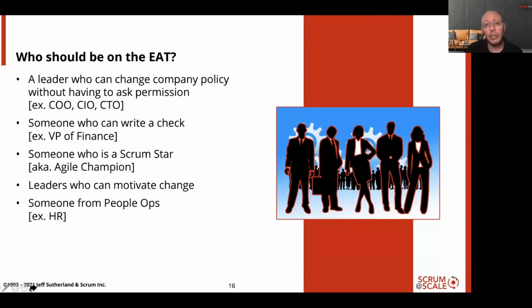You also probably need somebody from people operations, and that's what commonly we say in Agile land is human resources. And I don't like to use that term because I don't like to think of people as resources. People are people, and it's okay to call them that. So why do we need someone from people ops? Often the biggest impediment is that we don't have the right talent in the organization.